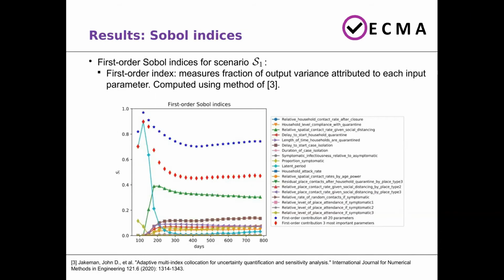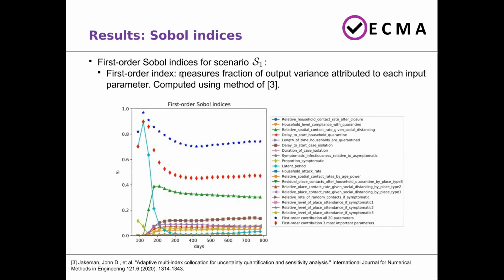So these are, let's say, the uncertainty in the output. We can also do sensitivity analysis. In particular, we looked at the first order Sobol indices. And again, this is conditional on a scenario.